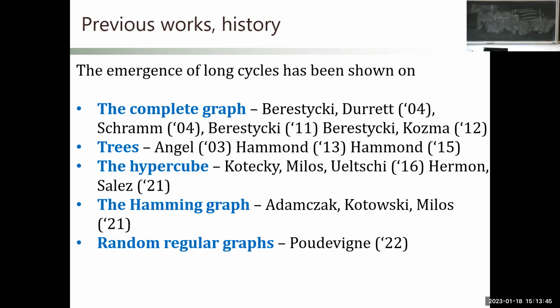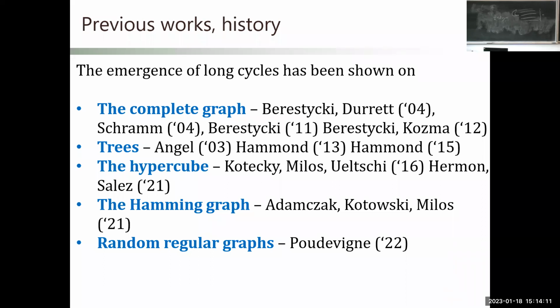I won't tell you what it is. Then you have another proof using representation theory. Gady Kozma likes to study this representation theory. And then you have the results on trees by Roman Angel and by Alan Hammond. And some results on the hypercube and on Hamming graphs, which are like the product of two complete graphs.